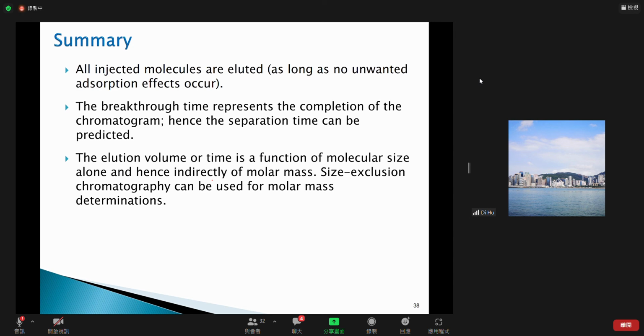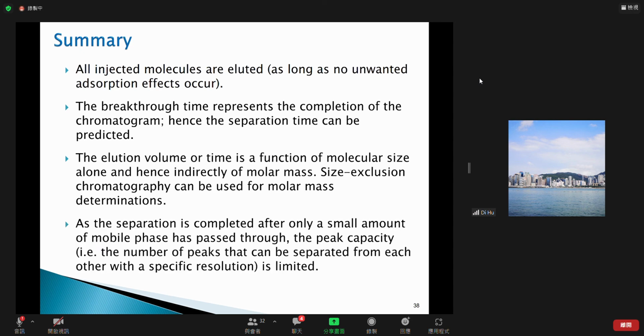So size exclusion chromatography can be used for molar mass and molecular weight distribution determination of an unknown compound. But you have to do calibration. And the perfect way is to use a standard that is the same as the compound you analyze.